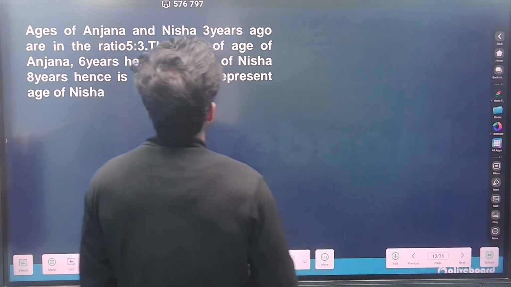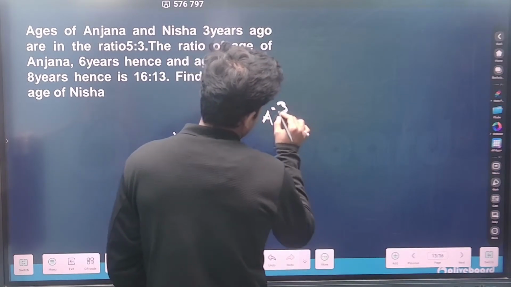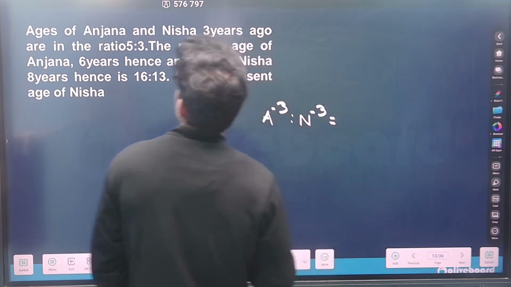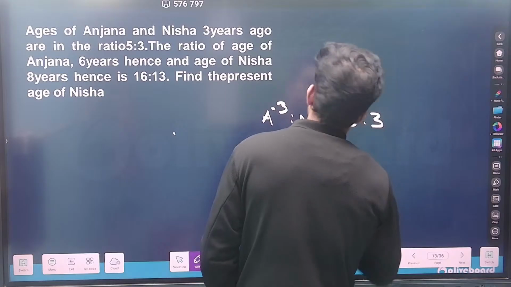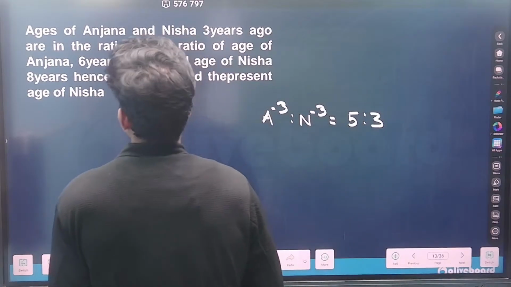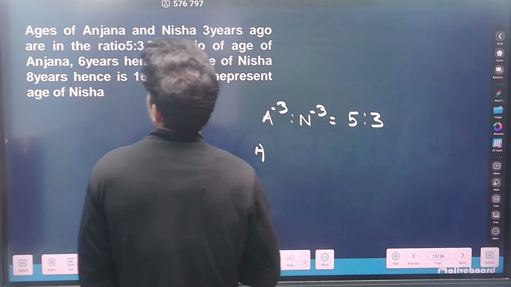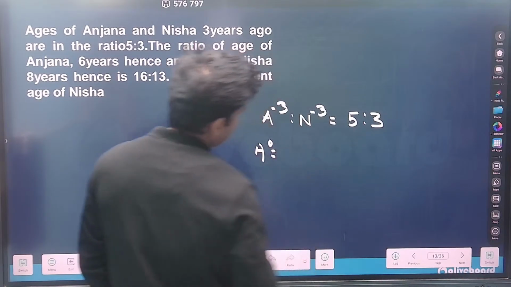Age of Anjana and Nisha 3 years ago. The ratio of their ages 3 years ago is 5:3. The ratio of ages of Anjana and Nisha 6 years hence, present age would be how much?